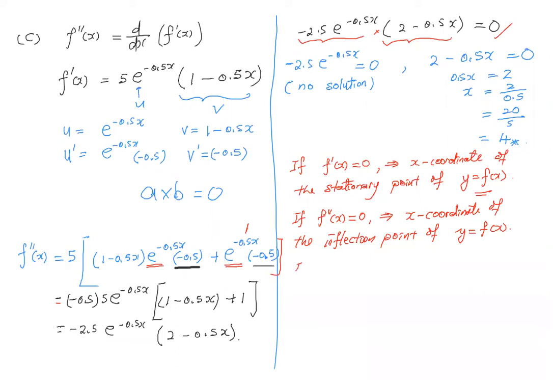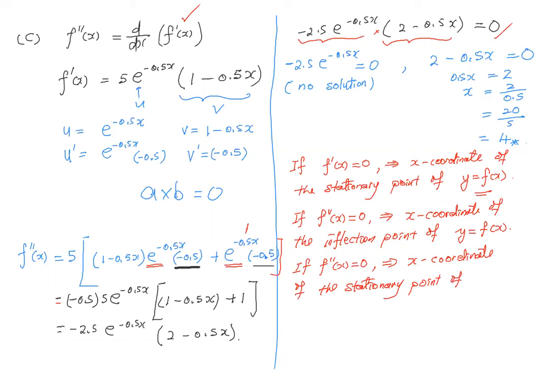If f double prime x equal to 0, it will give me the x coordinate of the stationary point of who?